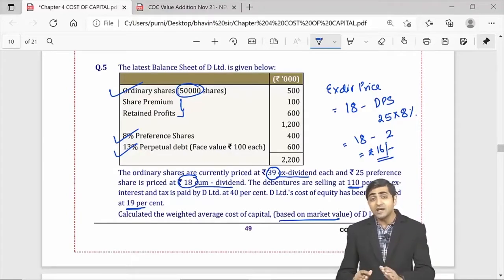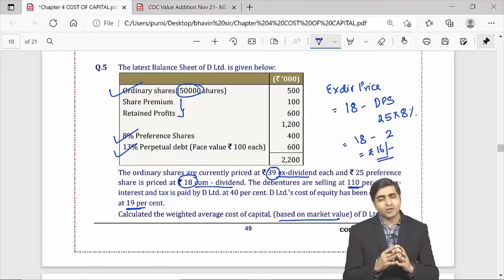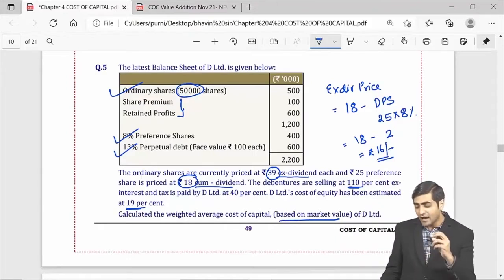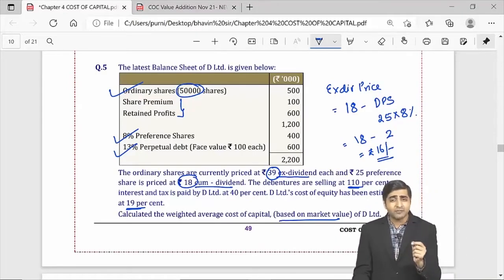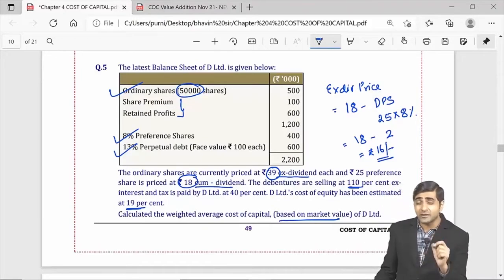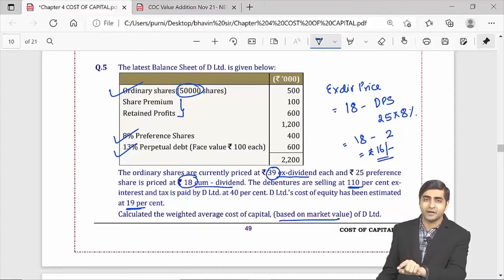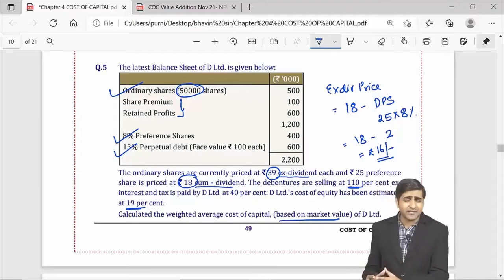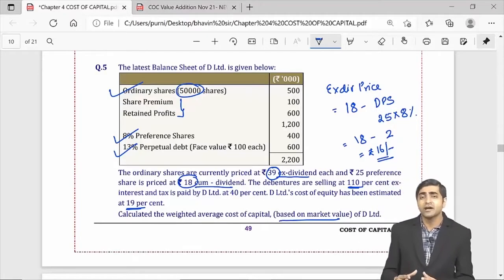While calculating KP, life is not available, so we'll be definitely using your irredeemable formula, for the purpose of which we have to calculate your KP, and your KP will be calculated by whatever is your preference dividend, divided by net proceeds, and your net proceeds, my dear students, will be nothing but market price. Okay, as I told you earlier also, that net proceeds will be treated as your market price, and on the basis of which we have to calculate your KP.